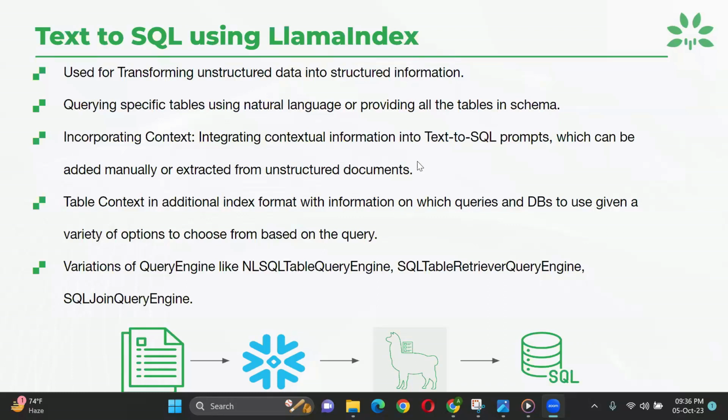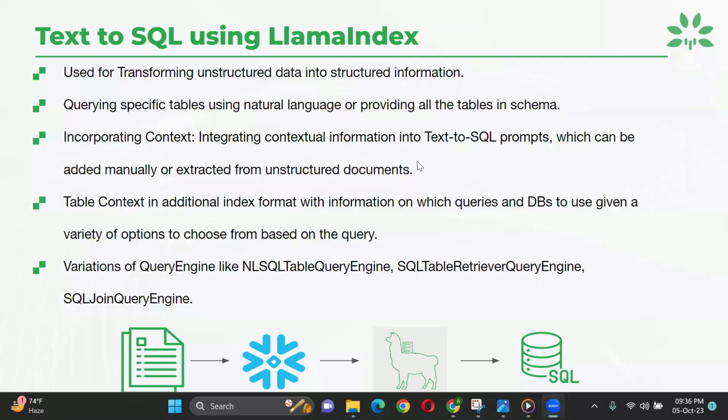The SQL table retriever query engine. This second one brings in the extra flavor of, if you have a very huge schema and you really don't want to pass the whole schema, which will be a real use case in any enterprise. You would not want to pass the entire schema of your database, but you would not want to have to give the instruction every time that, okay, if this is the query, then use these tables.